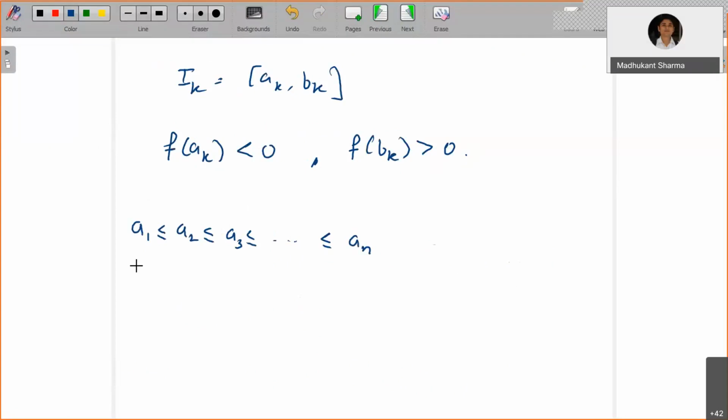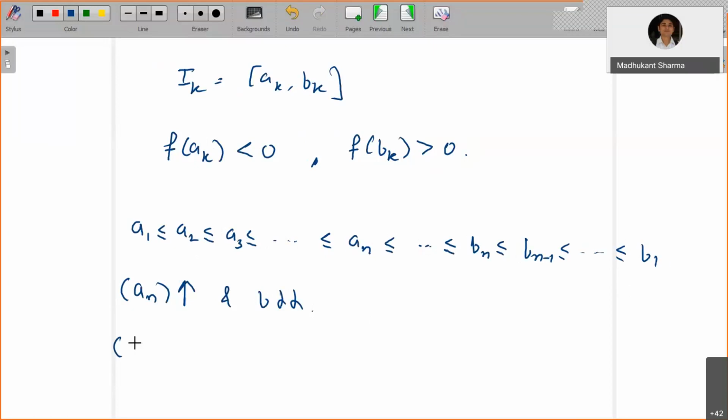Means you are increasing, right? This an is a monotonically increasing sequence, and so on. That is certainly less than or equal to bn, less than or equal to bn minus 1, and so on, less than or equal to b1. So what you can observe is the sequence an is monotonically increasing and bounded.